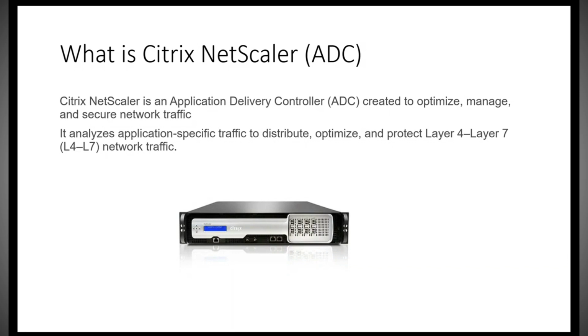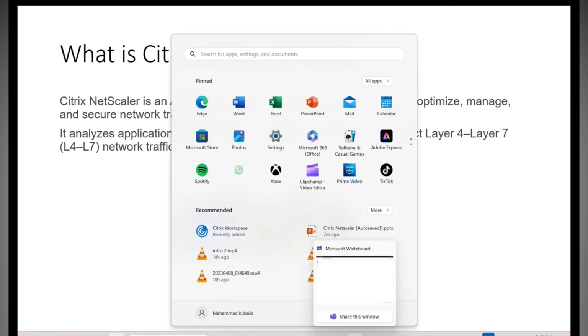So let's jump into our whiteboard, where we are discussing the use case for Citrix NetScaler and why we need it. Let's imagine a company, for example some e-commerce company, maybe Amazon or Flipkart. They may have a web server.